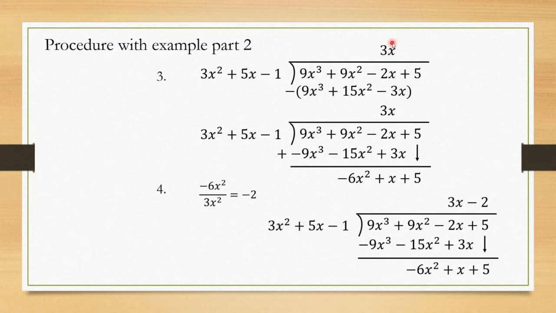Do you see how I got this? I multiplied it by the divisor, and that product is what we subtract. So 3x times 3x squared, that's 9x cubed. 3x times 5x, that's 15x squared. 3x times minus 1 is minus 3x. Oh, I see. Okay. Does that make sense? All right, thank you. Good.